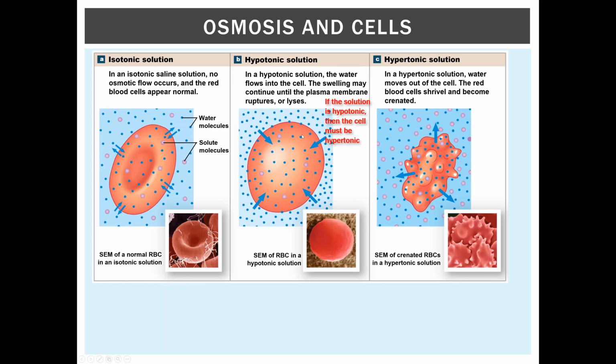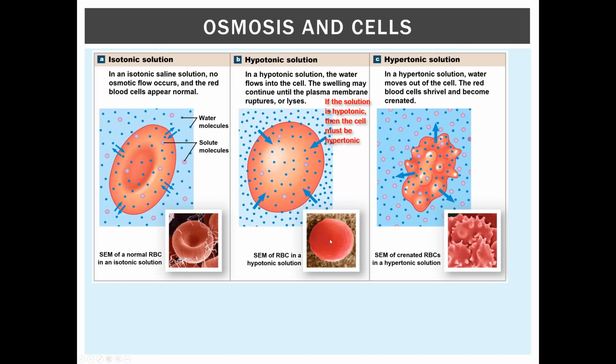So keep in mind that we're saying that the cell is hypertonic in this case. And remember what I told you about water always moves toward the hypertonic solution. So water would move into the cell, and it would cause the cell to swell up and potentially burst open. And then finally, if we put a cell into a hypertonic solution, again, so what does that mean?